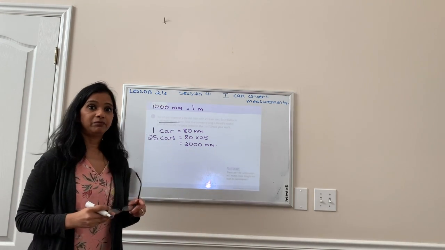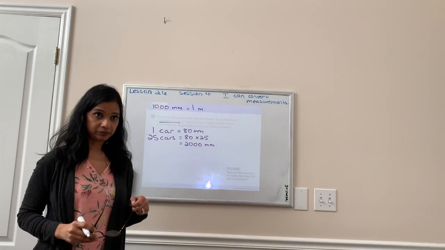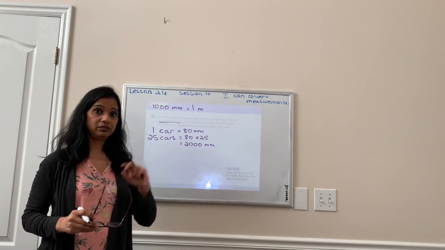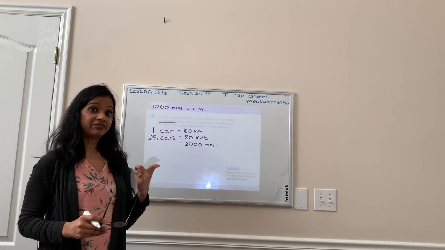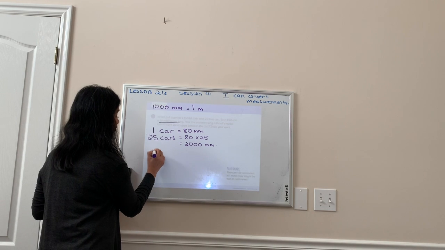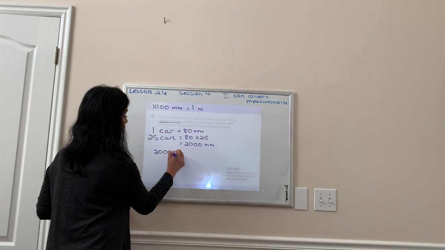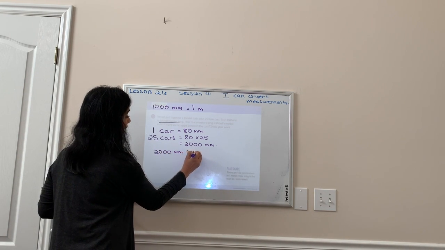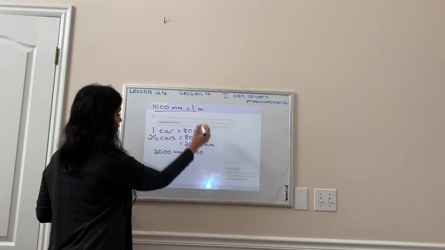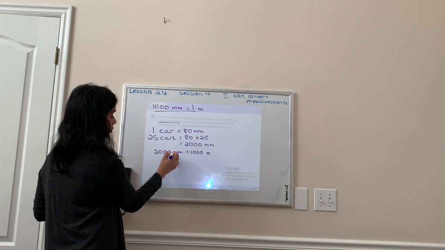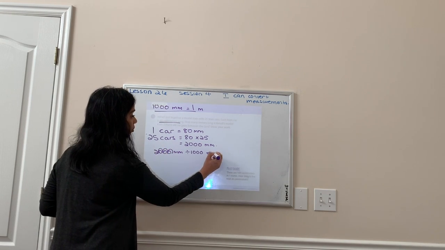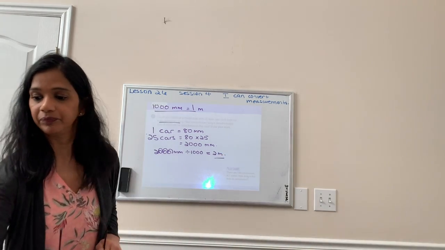Now we're going to go from millimeters to meters, which is small to big. So we divide, right? So we're going to divide 2,000 by 1,000 because that's the measurement, and the decimal moves 1, 2, 3 places. So now we get 2 meters. That's our answer for that one.